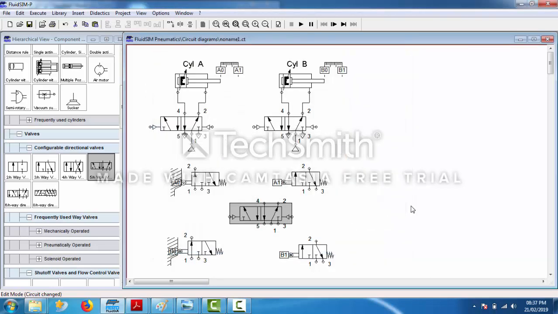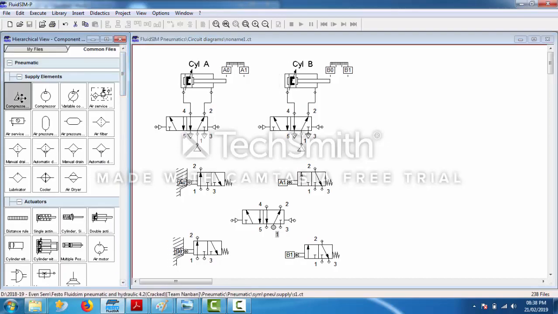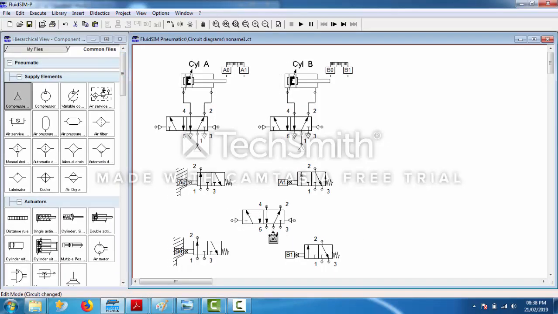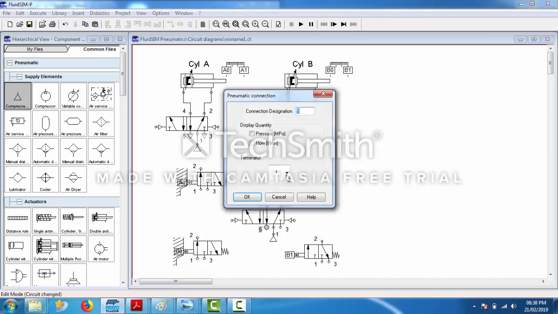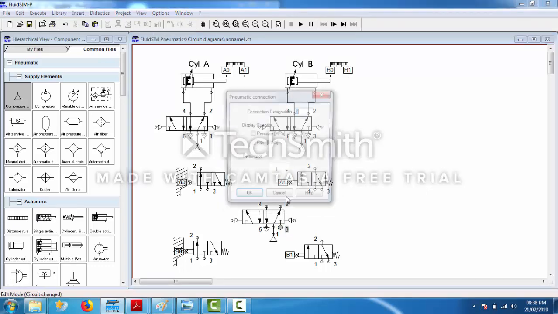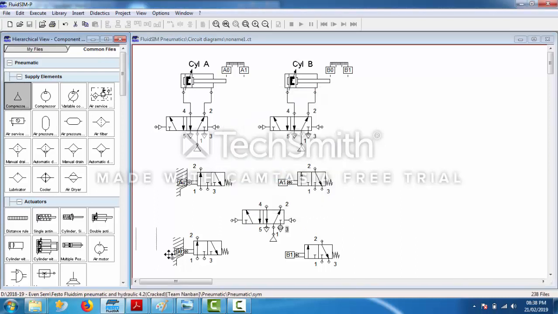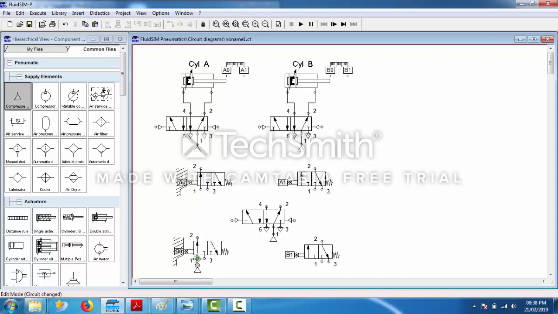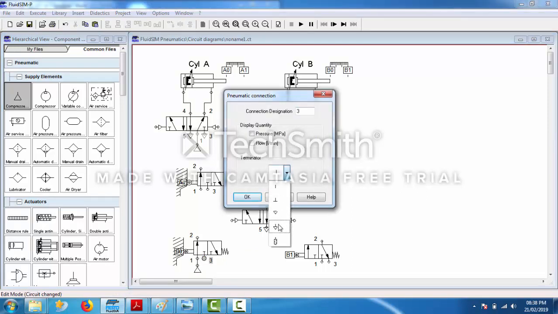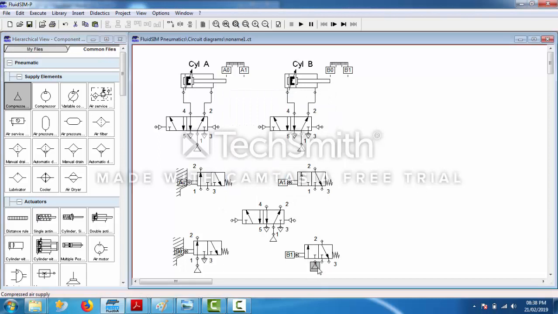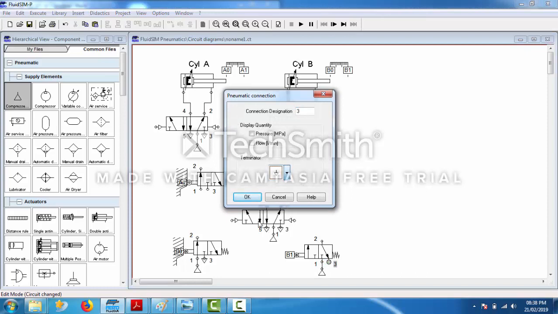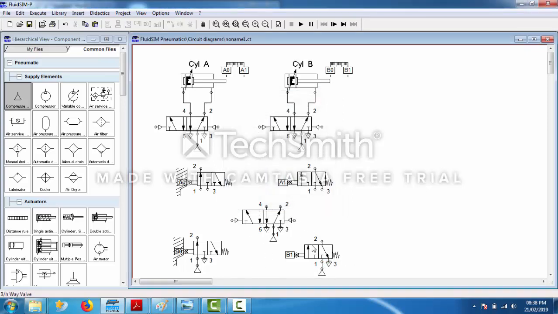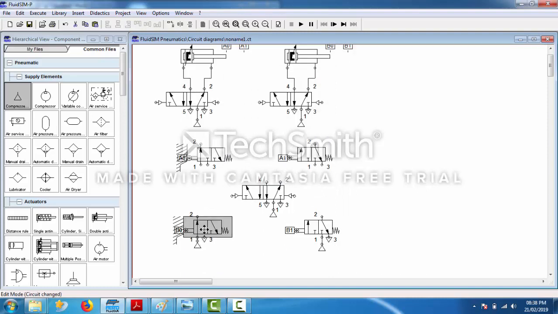Port 1 is connected to the compressor. Ports 3 and 5 are connected to exhaust. In the exam you can draw as many compressors as you like. It doesn't matter that all have to be connected to the same compressor. This makes reading the diagram easier.